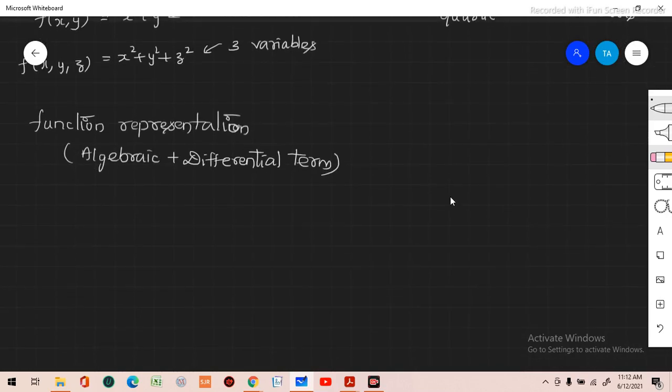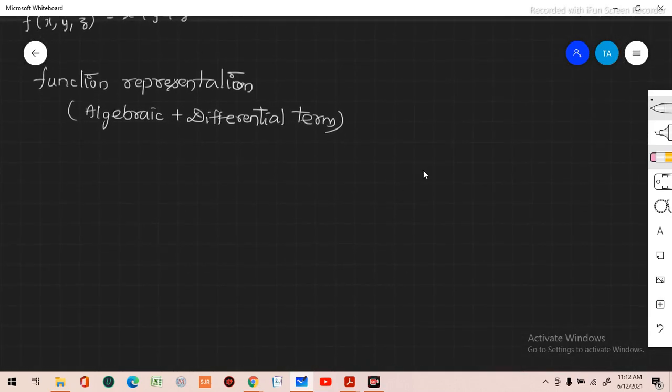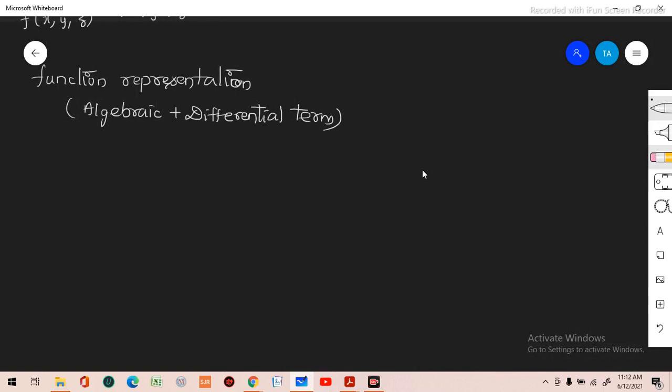Now for our differential equations, we represent a function with the help of 3 variables. Which are those? I have written over here: x, y and p. Here p is equal to dy by dx.